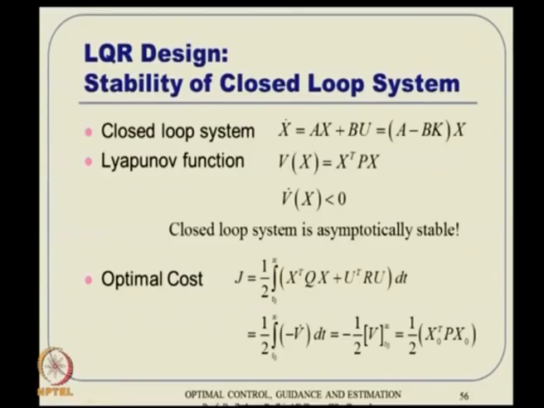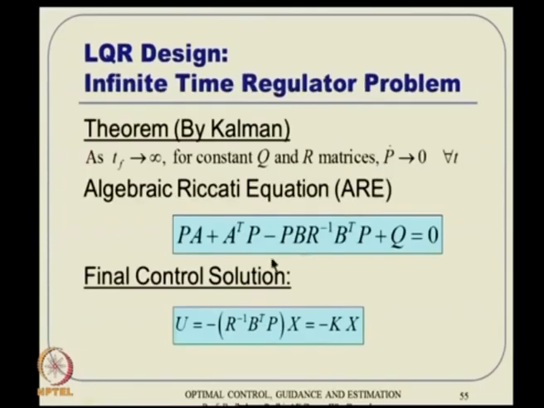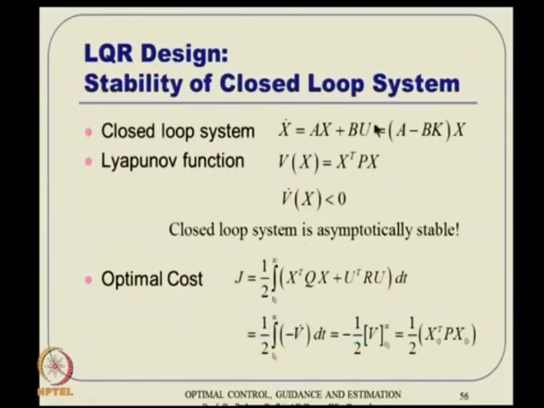Then we also analyzed the stability of the closed loop behavior. We noticed that the closed loop can be written something like this, and selected a Lyapunov function V equal to x transpose P x. Remember this is a nonlinear equation, it can have multiple solutions, but we are interested in that particular solution which is positive definite. Once you take that equation and put it here, this becomes a positive definite function, and all that was necessary was to show that V dot is negative definite, and we are able to show that.